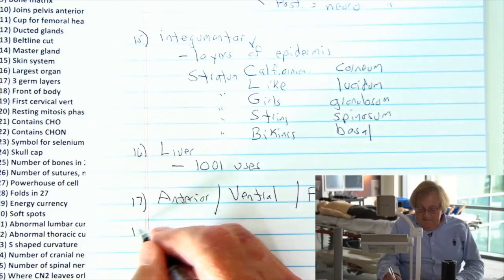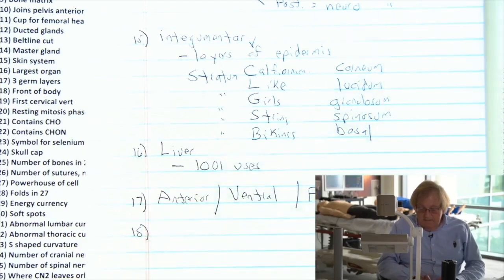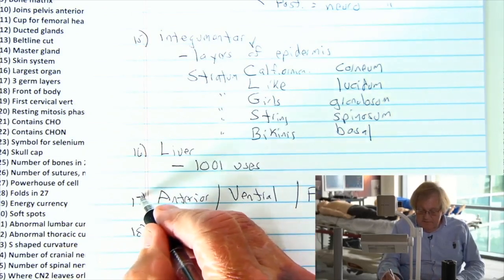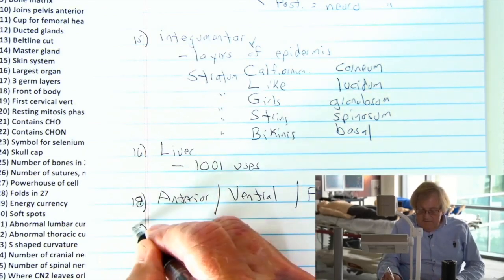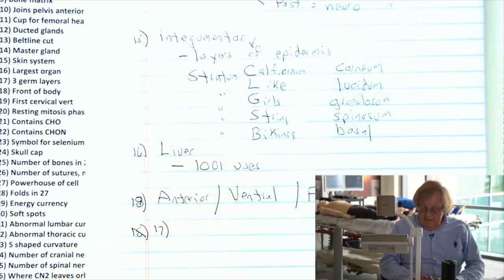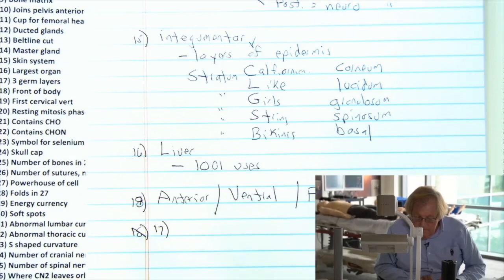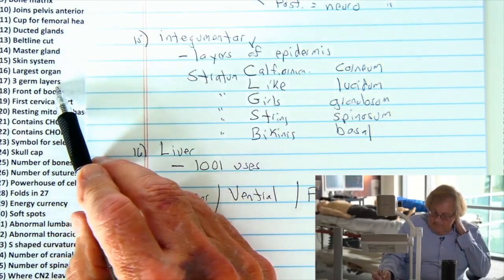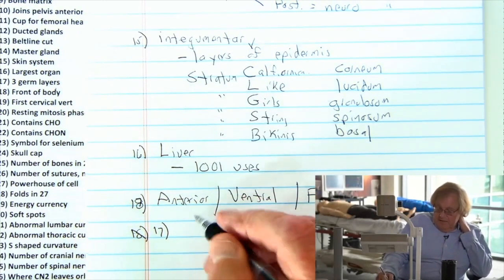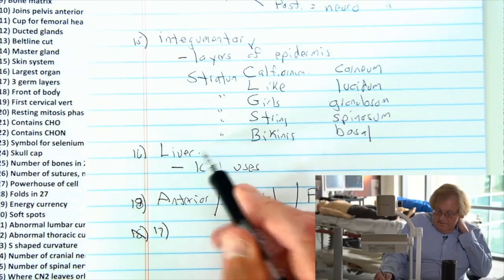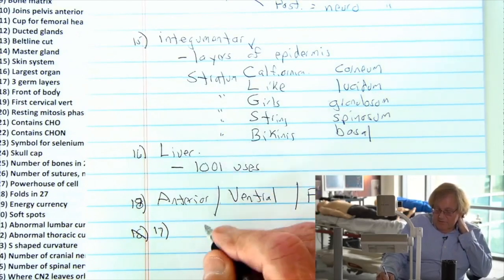I think I missed one over, so this is 18, excuse me. Yeah, that's right, I missed one here. I missed the 3 germ layers. So that's correct for 16. This is 18. 17 is 3 germ layers.